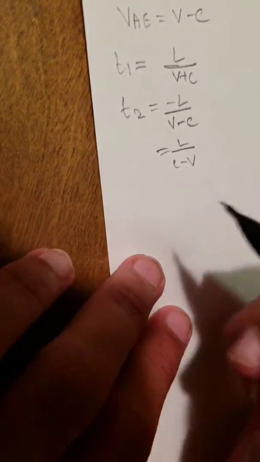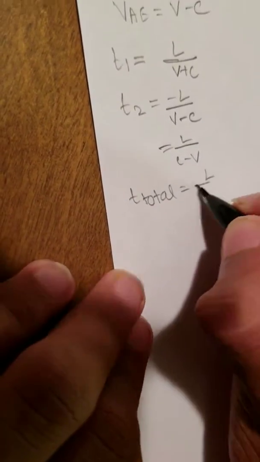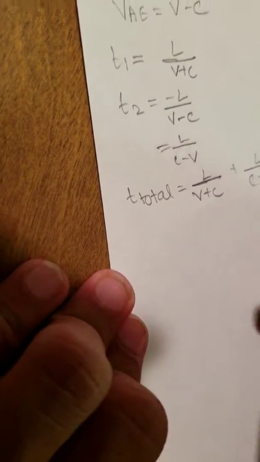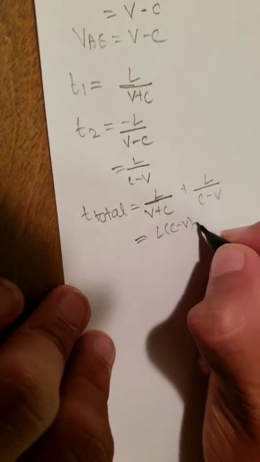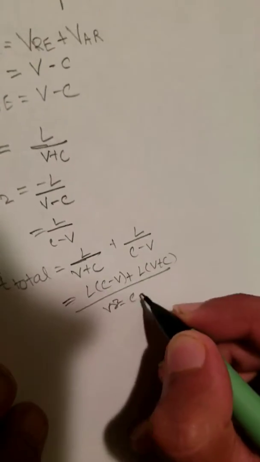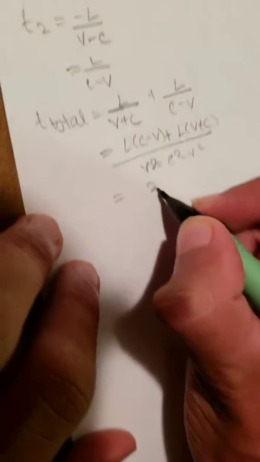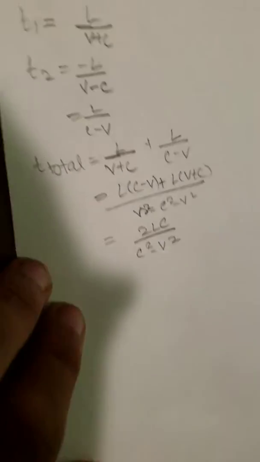If we add both of these times together, we get t total is equal to L over v plus c plus L over c minus v. Now just combining the denominator, we find that the total time she takes is equal to 2Lc over c squared minus v squared.